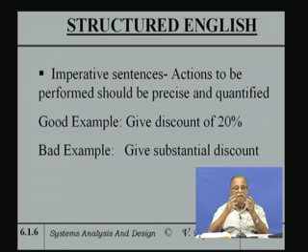So, in all cases, particularly in programming, you have to give precise actions to be taken. Very often when people give business rules, they use such terms as substantial discount is given, but you obviously cannot program it. What is substantial? You see, is it 10, is it 20, is it 30?